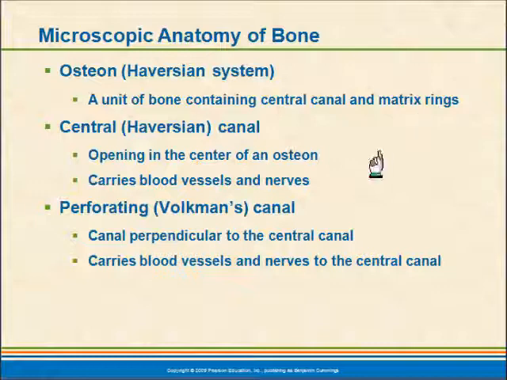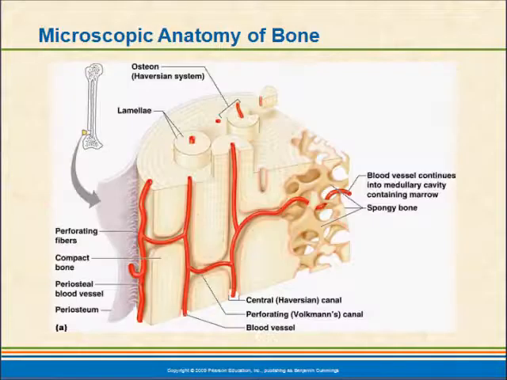Now, the central canal is an opening that carries blood vessels and nerves. There are perforating canals that go through bone, we mentioned those earlier, that go to the central canals of osteons. They carry blood and vessels to that central canal.